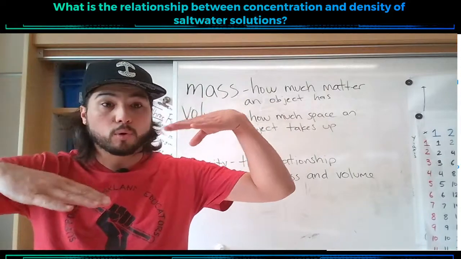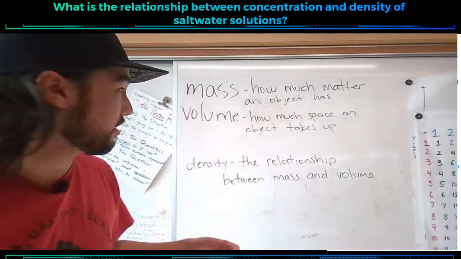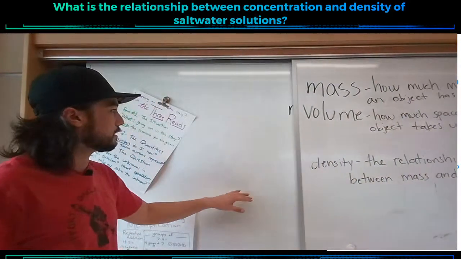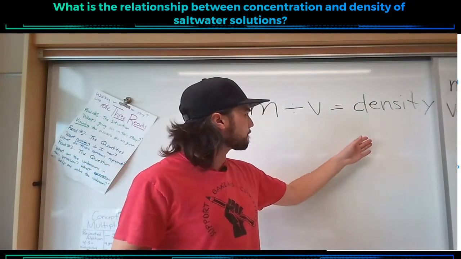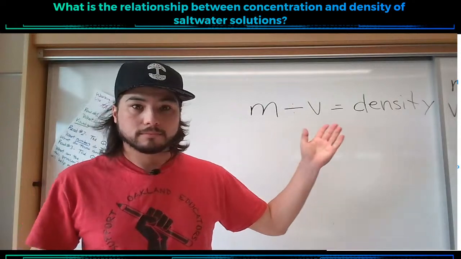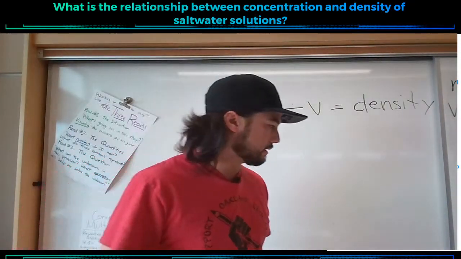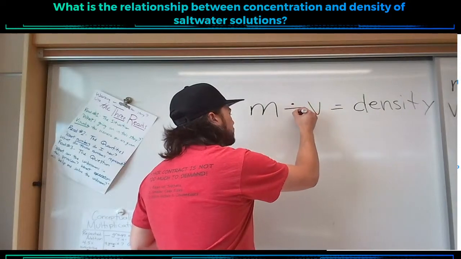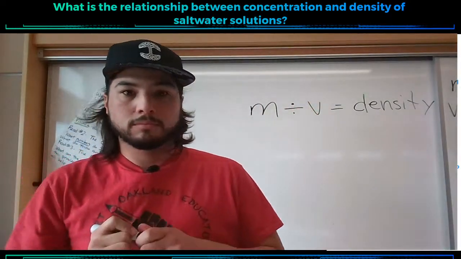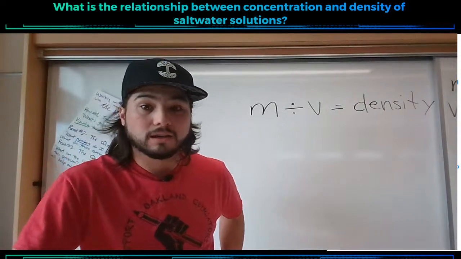Okay, it's a proportion. In fact, we're kind of using division here. If we were to look at this like a math equation, we might think about it this way. Mass divided by volume equals density. That's how you find the density of an object.